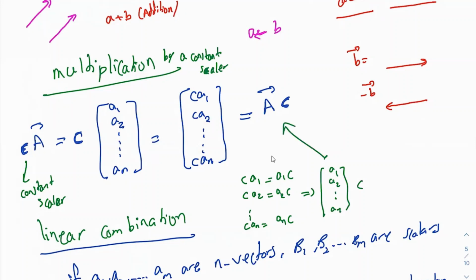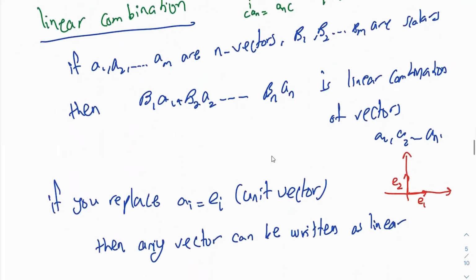Okay, good. Now, linear combination. This is a very important concept. Linear combination of an n-dimensional vector A and some scalars b1, b2, all the way to bn is defined as a dot product.